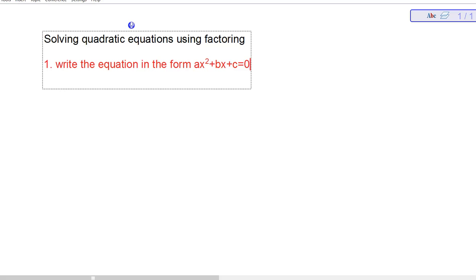The most important thing here is that we make sure that we have solved it to where it is equal to 0. We have everything on one side of the equal sign and 0 on the other side.